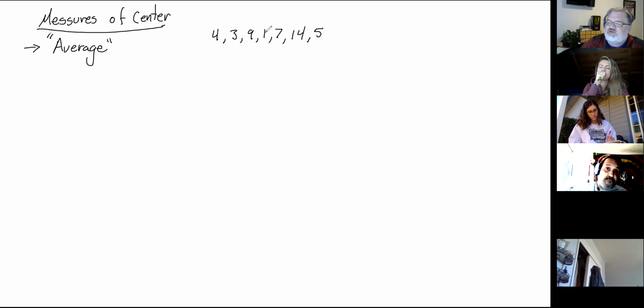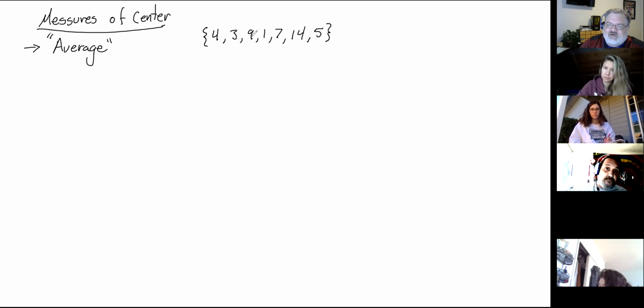So 1, 2, 3, 4, 5, 6, 7 data points. The curly brackets, by the way, in mathematics are technically referred to as set brackets. So this is the set of data 4, 3, 9, 1, 7, 14, and 5.